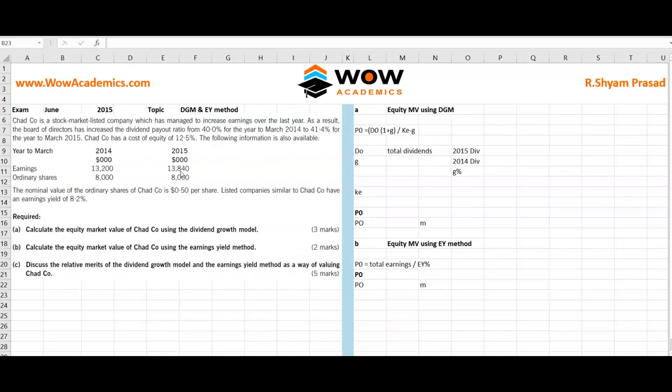We do not have the dividends for 2015. We have the earnings, so we have to find out the dividend for 2015. The earnings of the company in 2015 is 13,840, and this number has to be multiplied by the dividend payout ratio, which is 41.4%.